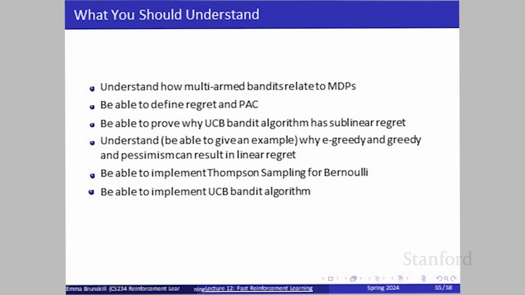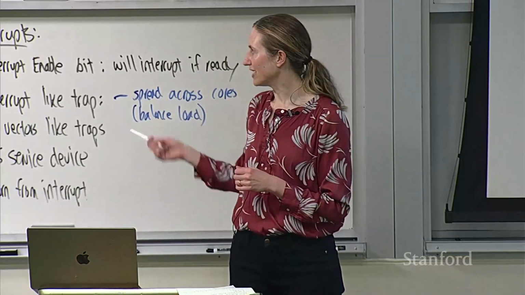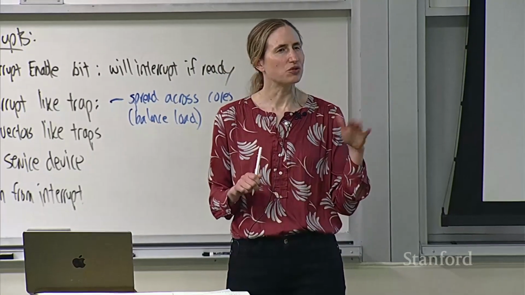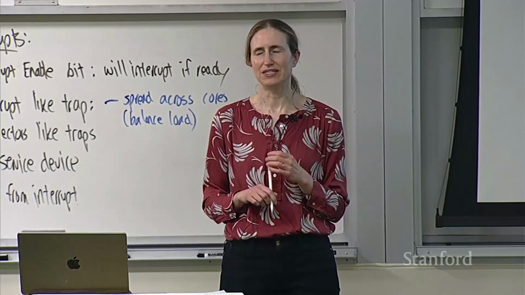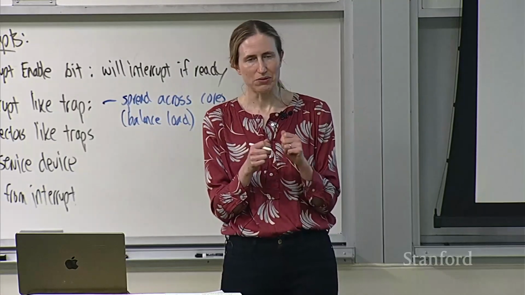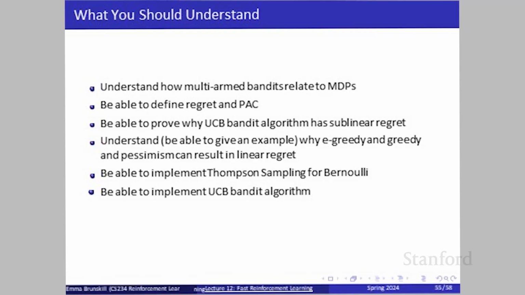I don't think you need to be able to do this for Gaussian rewards, but you should be able to do Thompson sampling for the case that we've just talked about, at least in pseudocode land. So if someone said, you observe another count, what would your beta parameter be? And also that you should be able to understand the UCB bandit algorithm as we've covered in class.